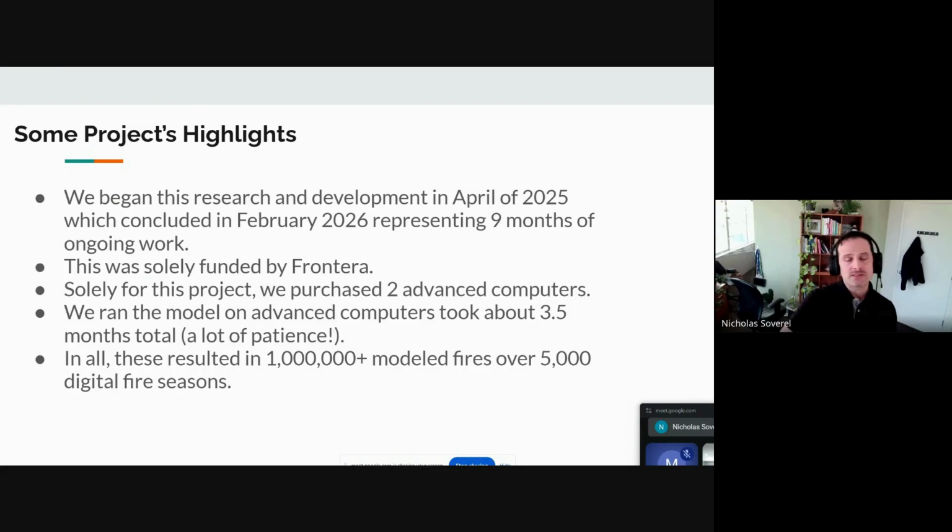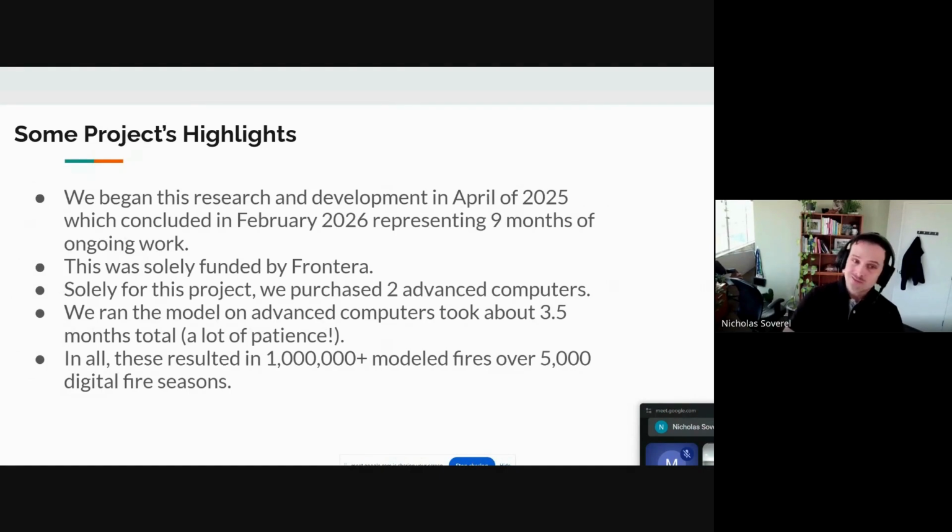So everything you're going to see is essentially everything we've done in the last 9 months. This work was solely funded by Frontera. We just wanted to get going and get this produced, so we did it in-house with our own investment. For this project, we actually had to purchase 2 advanced computers on top of the existing infrastructure we already have. Those were purchased specifically to run all these models.